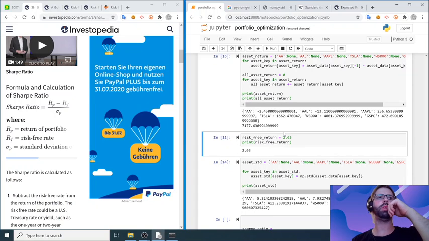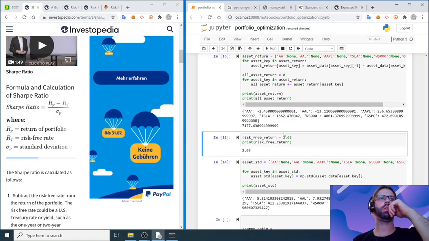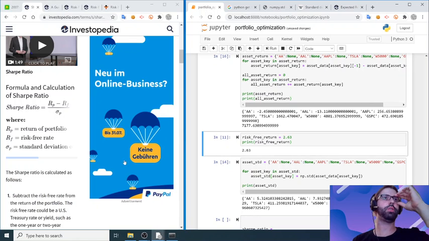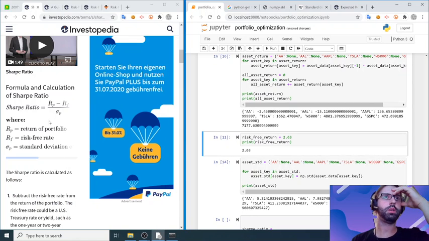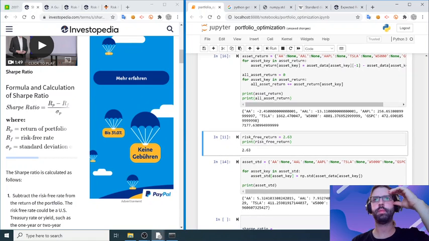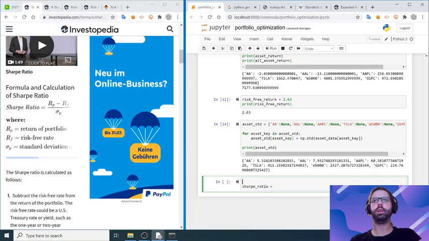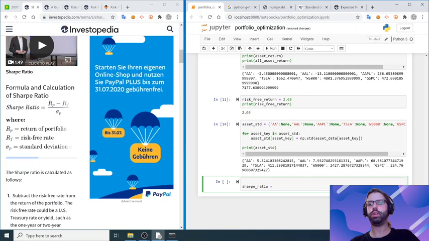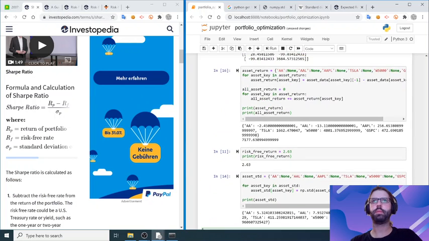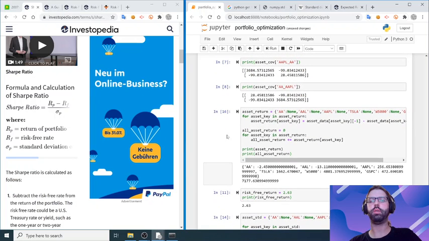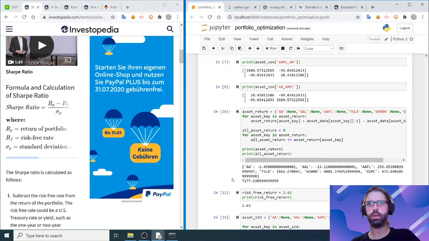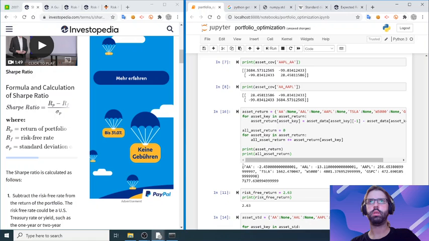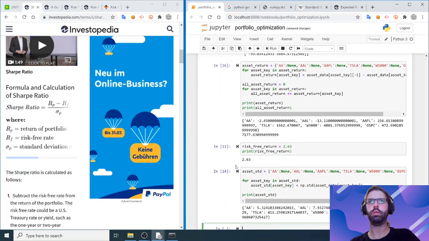I don't know if I'm doing this correctly. Oh, but this is actually the risk-free rate. That is probably not. And so the standard deviation of the whole thing was basically the risk-free return. I'm lost. All asset return, all asset STD.